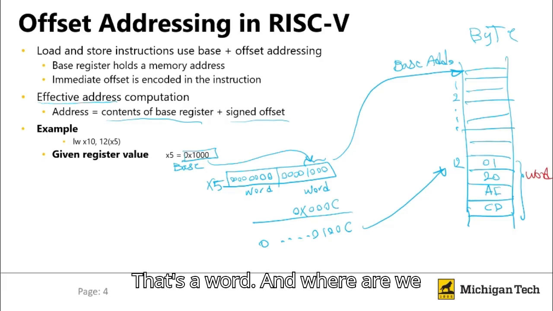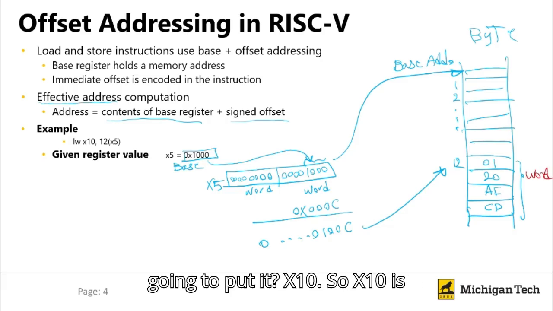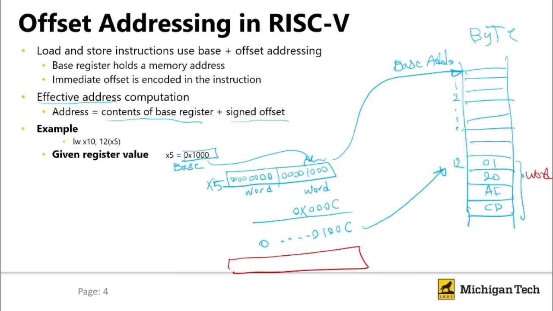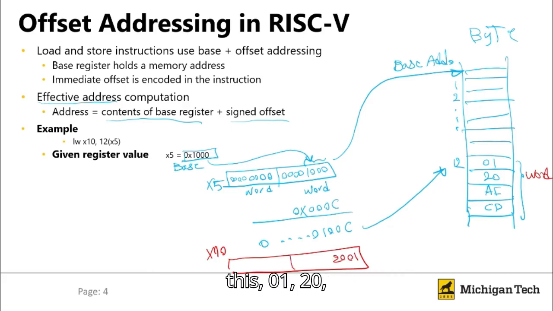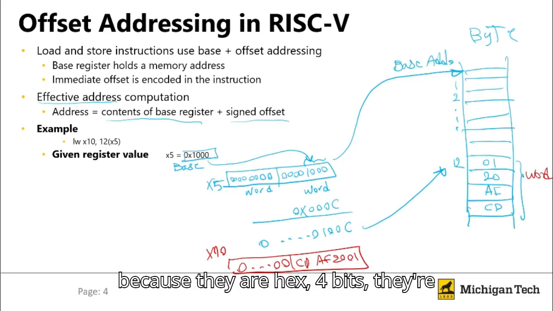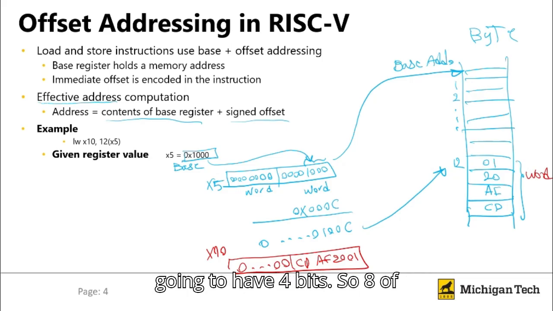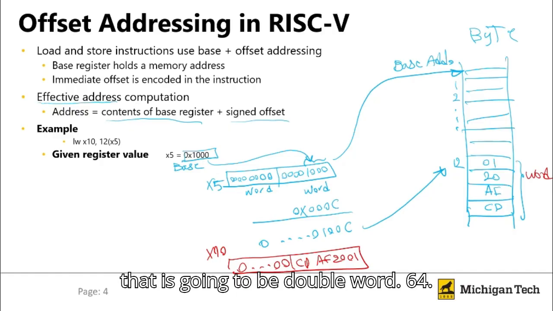That's a word. And where are we going to put it? X10. So X10 is the destination. In X10, we're going to put this 01, 20, AF, CD, 00, all 0. 8 digits. Each of these numbers, because they are hex, has 4 bits. So 8 of those is 32 bits, that is 1 word, and 2 of that is going to be a double word, 64.